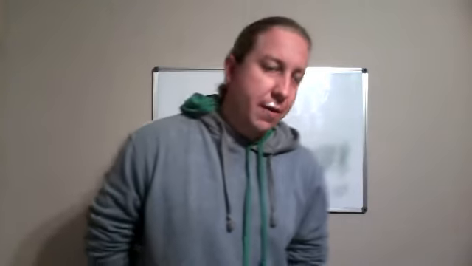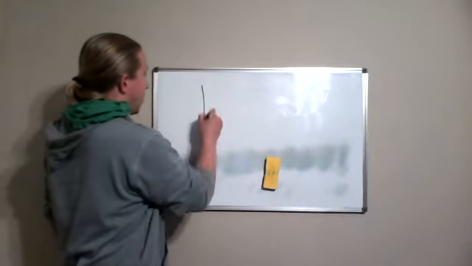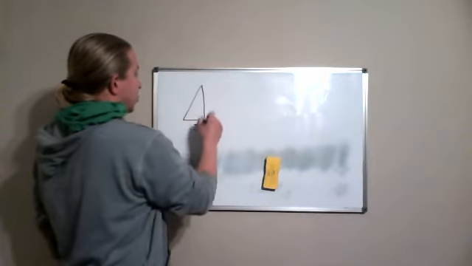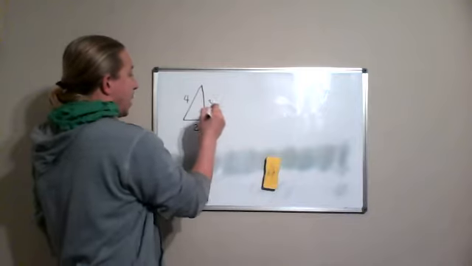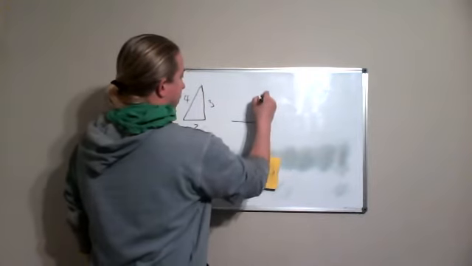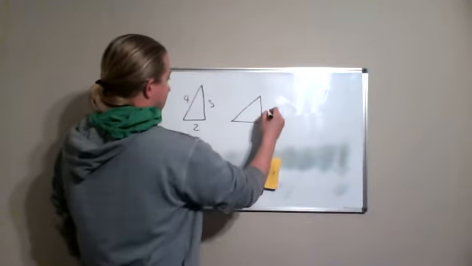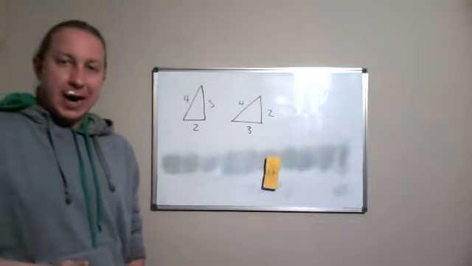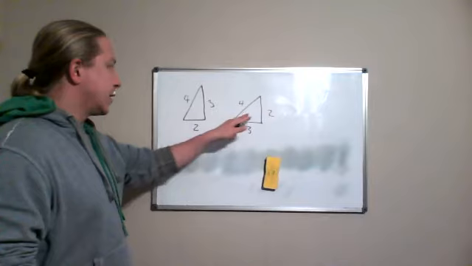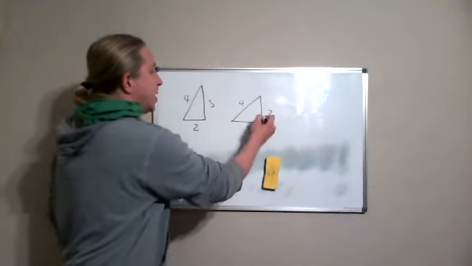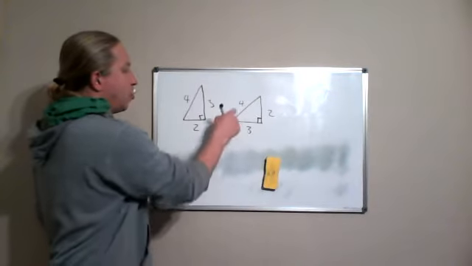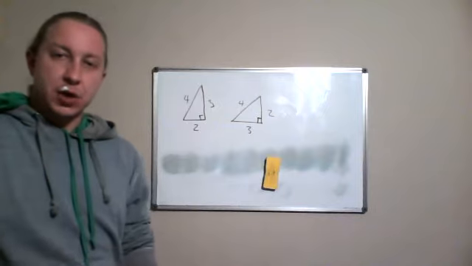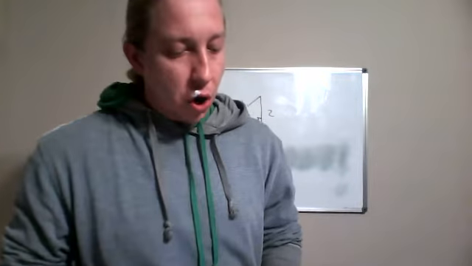If I have two triangles, one with sides 2, 3, and 4, and another with sides 2, 3, and 4, these two triangles are identical because, yes, this one has just been put on its side, but the sides are all the same. So that means the triangles are congruent.